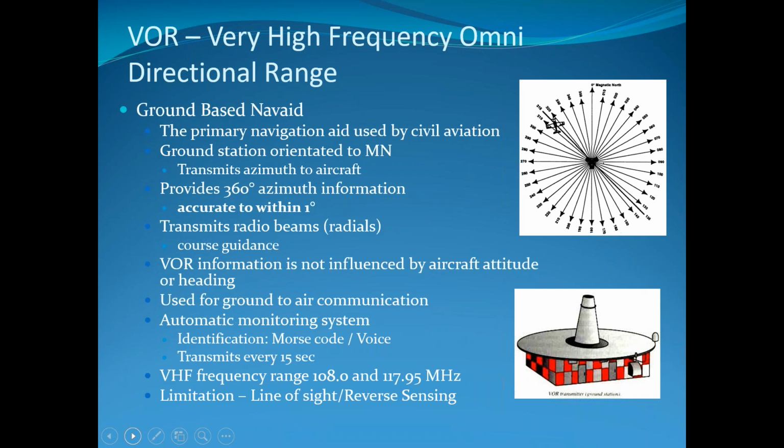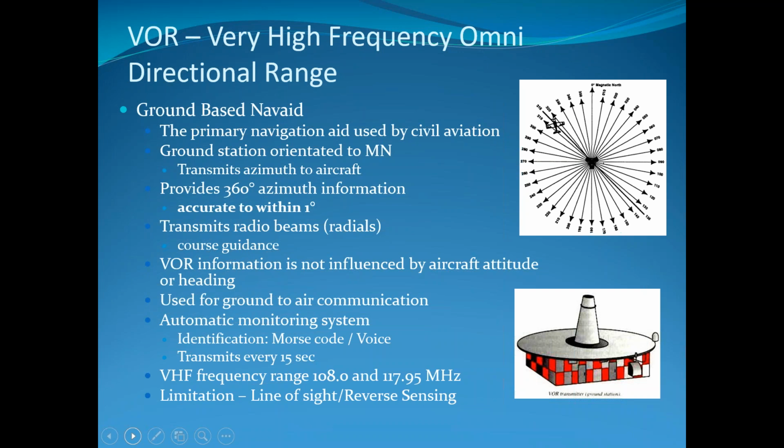It's used for ground-air communication. It has automatic monitoring systems. It has a Morse code identifier and a voice identifier. It transmits every 15 seconds. What that means is if a pilot is tuned into a VOR and navigating off a certain VOR, the way he can tell if he's tuned into the correct VOR is there's a little volume button on the VOR receiver in the plane.